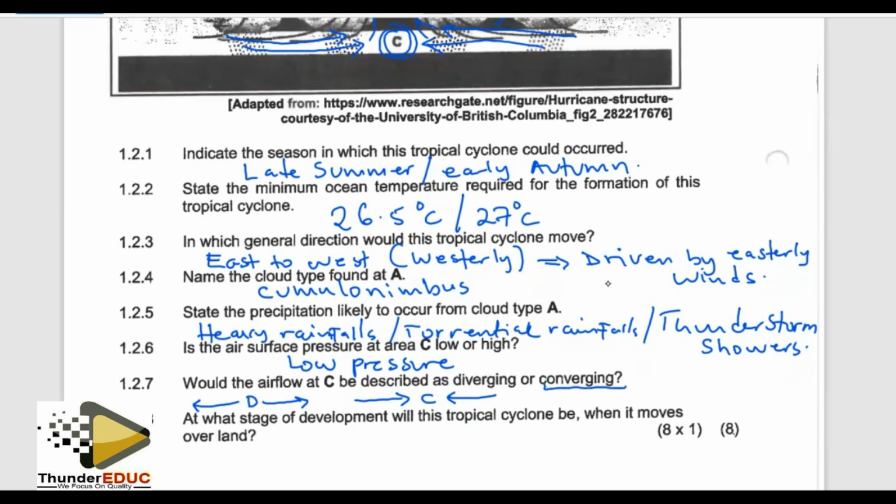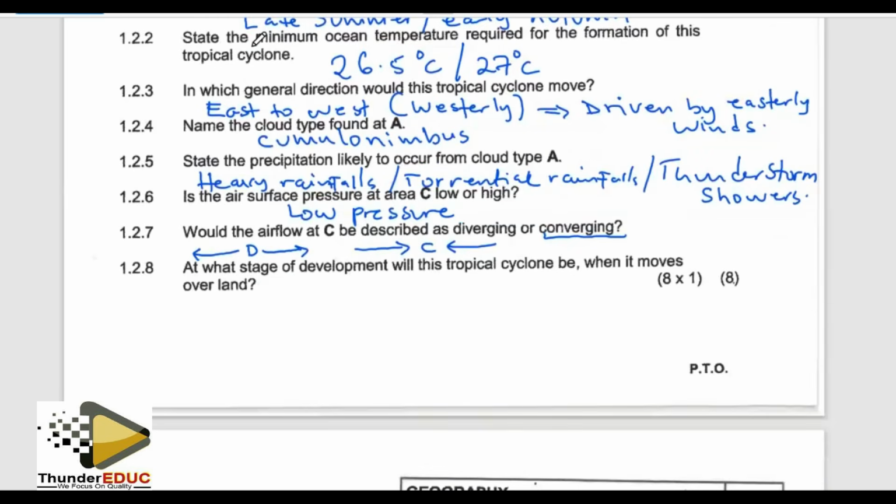1.2.8, at what stage of development will this tropical cyclone be when it moves over land? And all of us know that whenever cyclones move over land, they will lose their energy. There will be less latent heat, cooler conditions, inflow of dry air, which means the cyclone will be in its dissipating stage.